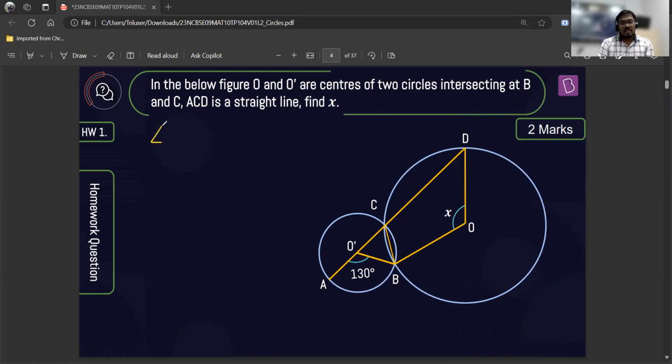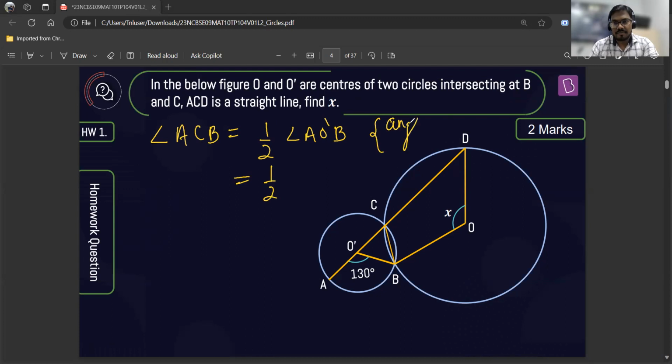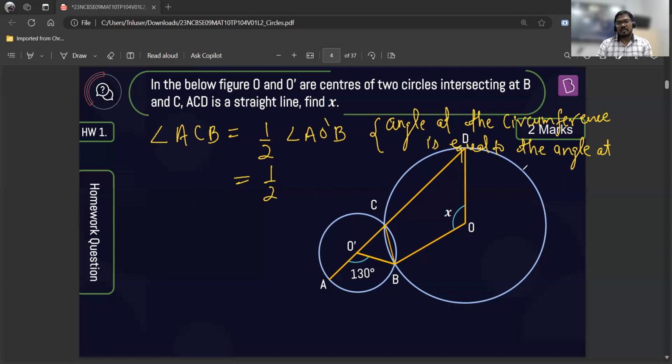So you can see here angle ACB is equal to half of angle AO dash B. Angle at the circumference is equal to half of the angle at the center.